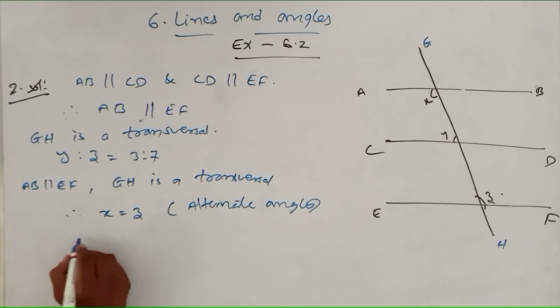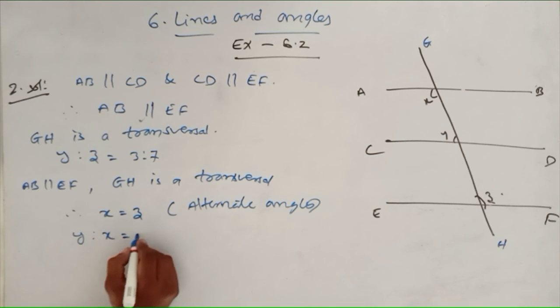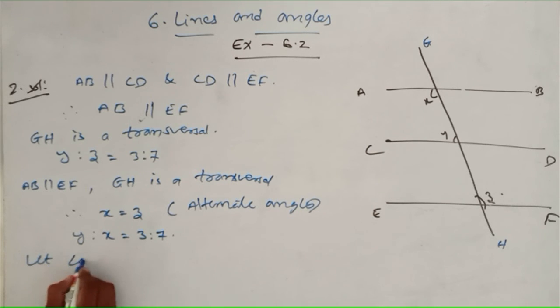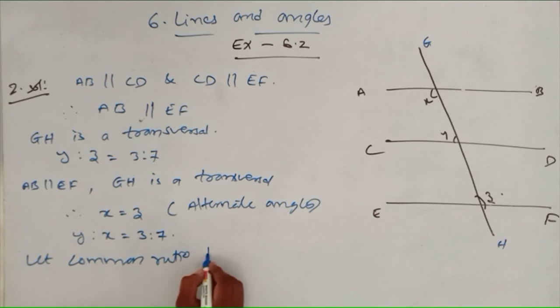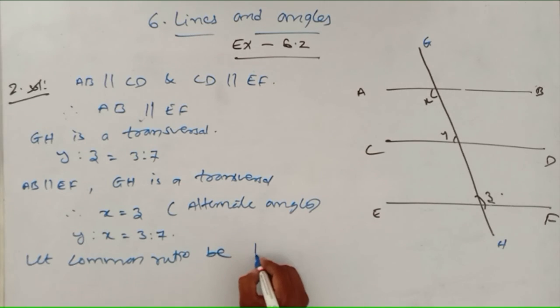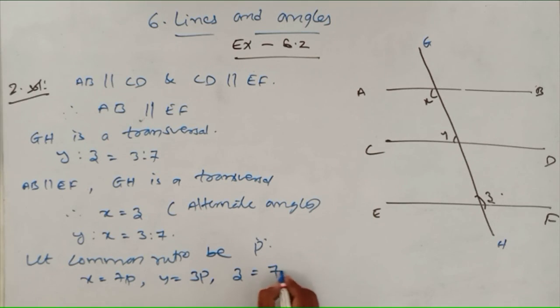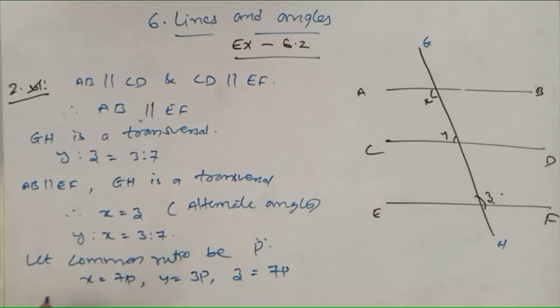For us it is given y is to x equal to 3 is to 7. Let the common ratio be p. Then x is equal to 7p, y is equal to 3p, z is equal to 7p, because z and x are the same.